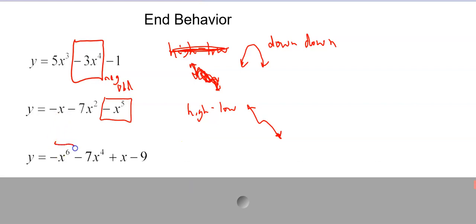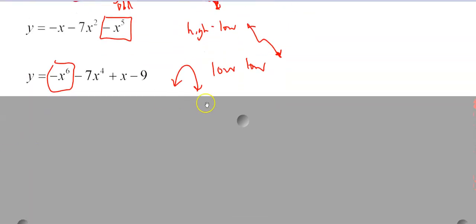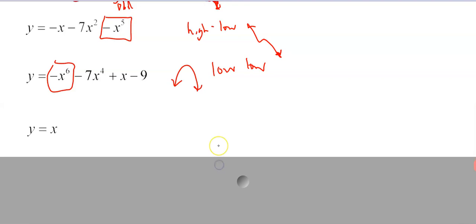This one, the largest degree term is this one, so that's negative and even. That's going to look like this: low, low, or down, down, however you want to say it. You can use down, down, up, up, low, low, high, high. It doesn't matter to me.